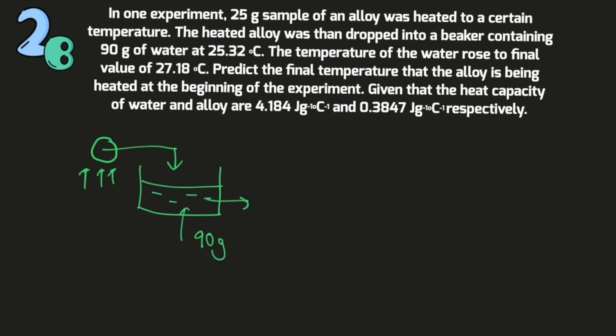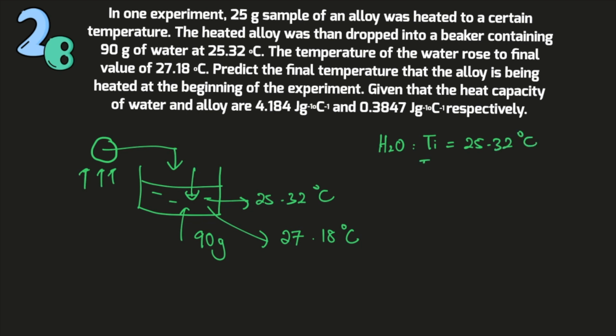The initial temperature of the water is 25.32 degrees Celsius, and once you put the alloy inside, when equilibrium happens, the temperature turns to 27.18 degrees Celsius. So for water, the initial temperature is 25.32 degrees Celsius, and the final temperature is 27.18 degrees Celsius.